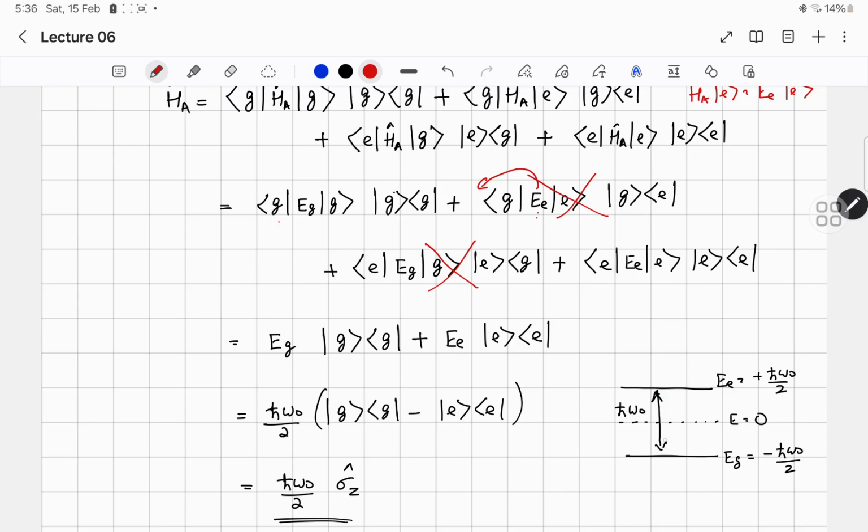That means the energy difference between the ground state and the excited level is denoted by h cross omega 0, and therefore the ground energy is denoted by minus h cross omega 0 by 2, and the excited energy is denoted by plus h cross omega 0 by 2. If you are following some other textbook, then some textbooks take the lower state as energy 0 and the upper state as plus h cross omega 0. So there are different conventions followed by different textbooks. Here I have followed the textbook by Christopher Gerry and Peter Knight.